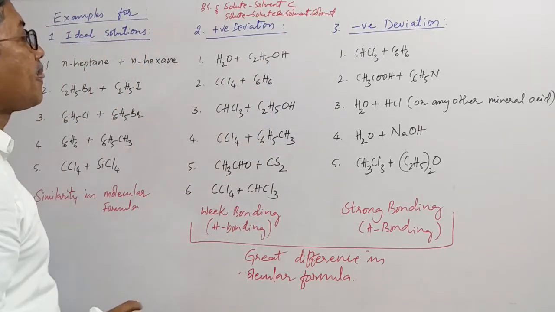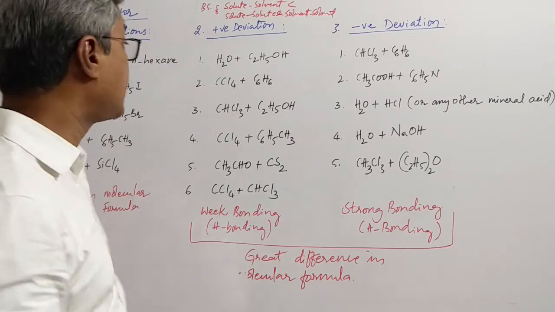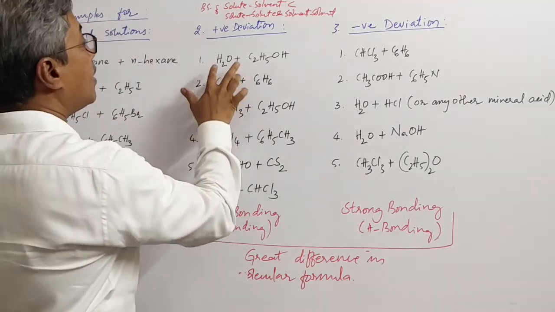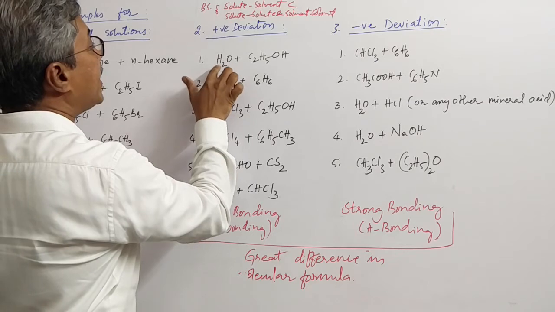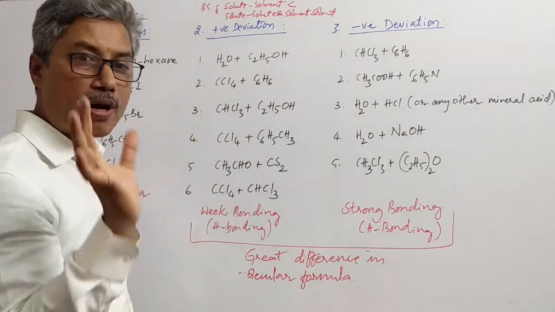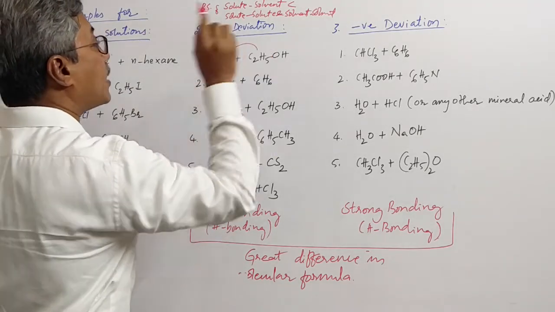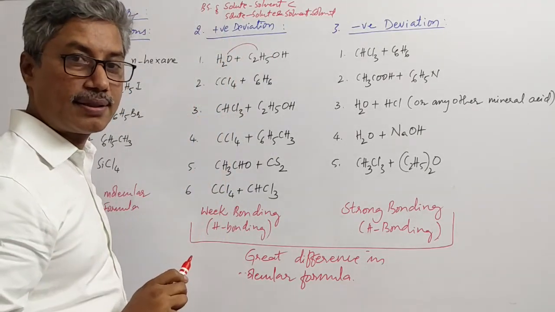Clear, students? If it is weaker, then it will show positive deviation. See here, bonding between H2O and H2O is stronger. Ethanol and ethanol is stronger. But bonding between ethanol and water is weaker.